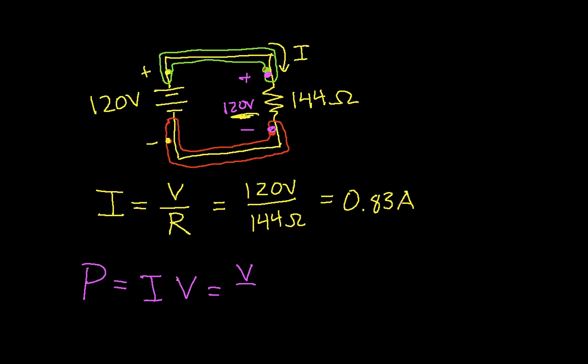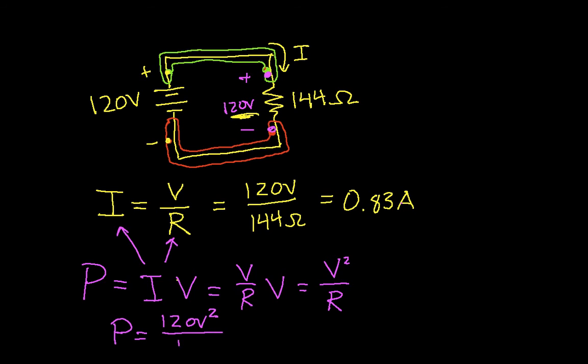So I can write this as V over R. You can see I've replaced this I by V over R times V, or I can simplify this as V squared over R. Okay, so in this example, my power is equal to 120 volts squared divided by 144 ohms. And when I compute this, it turns out to be 100 watts, which is good. That's what I started with.